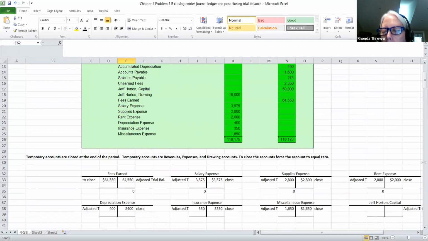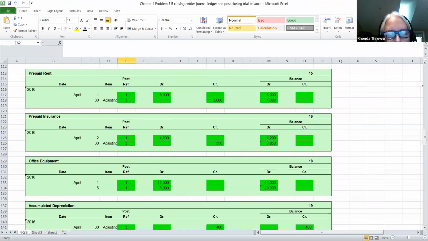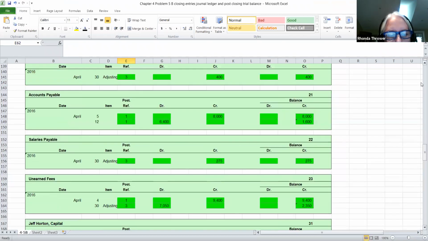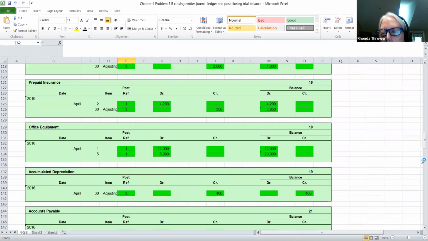So here's my T account. Let me look at the capital balance down here for a minute. Okay, so on my capital account balance, I've got 50,000 as my beginning balance.